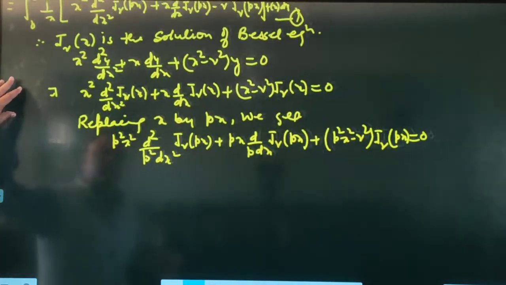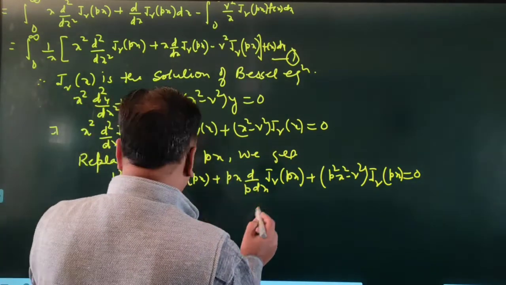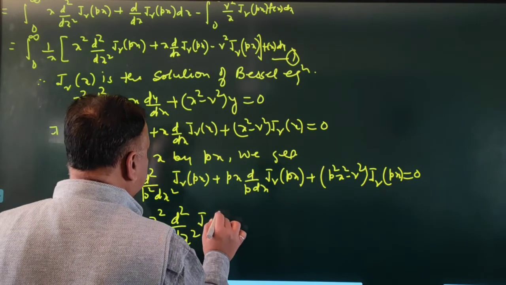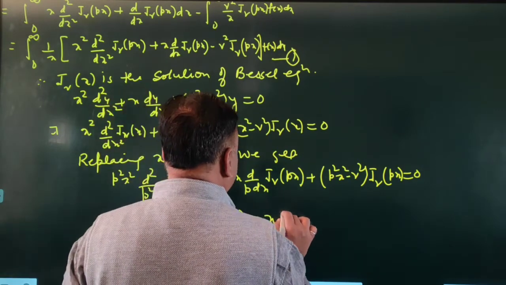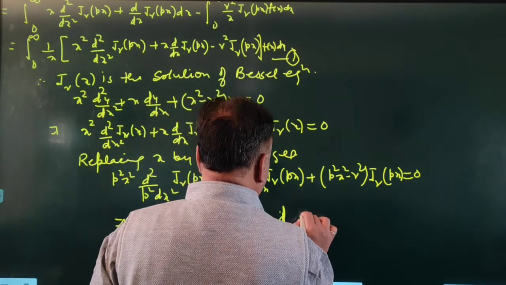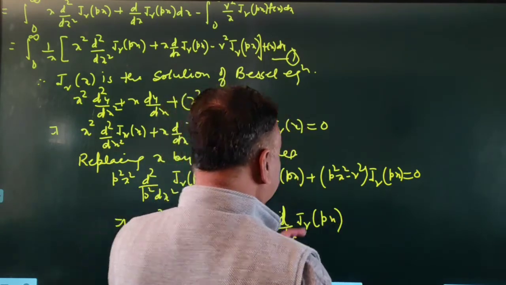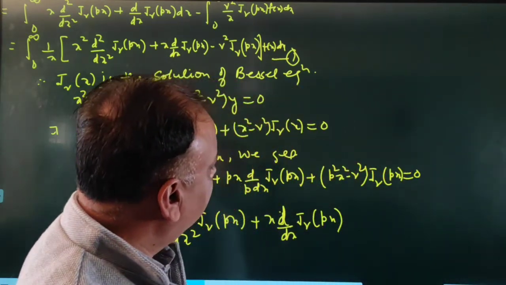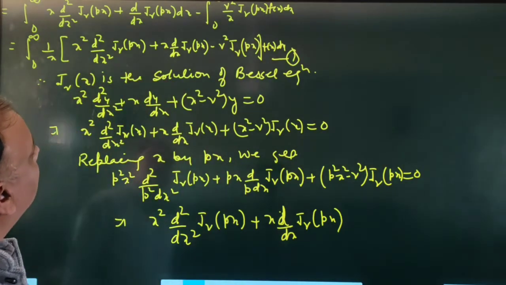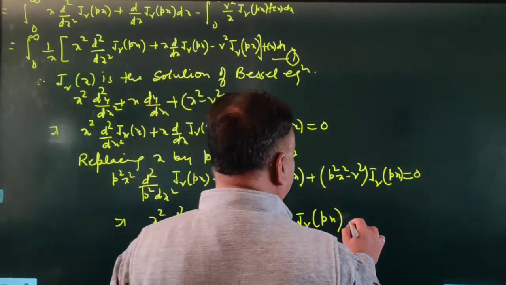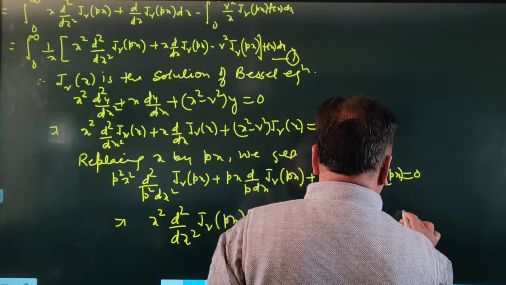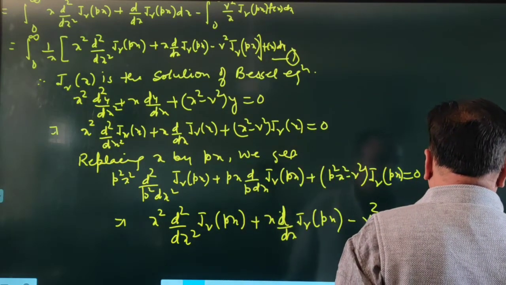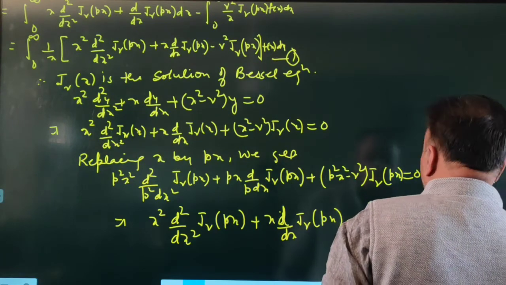From this, p square cancels, p cancels, so we get x square d2 by dx square of J nu(px) plus x d by dx of J nu(px) plus (p square x square minus nu square) J nu(px). This equals minus p square x square J nu(px), equation number 2.